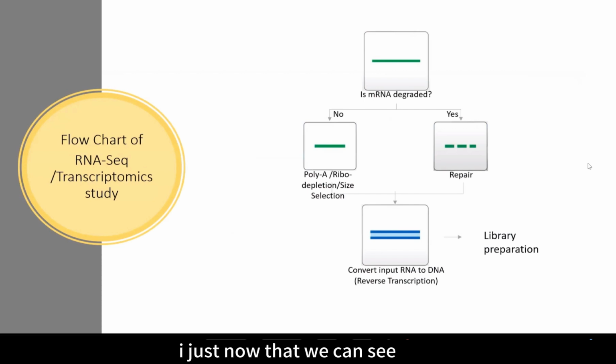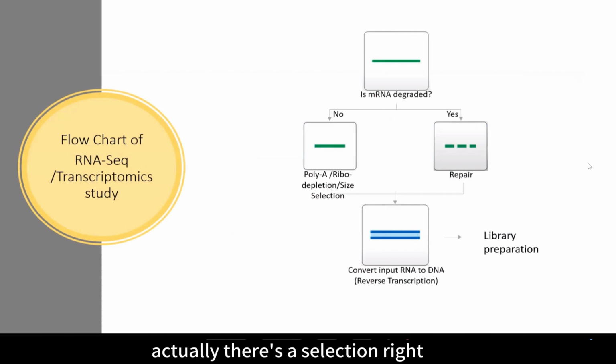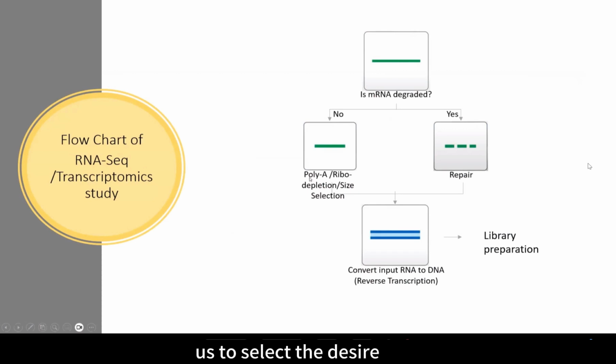For example, before we convert the RNA into DNA, there's actually a selection. So we can use poly A selection or ribo-depletion to help us select the desired transcripts. If you want the shorter transcripts, or if you have poly A attached ones, then we can use this way to help us. Okay, thank you.